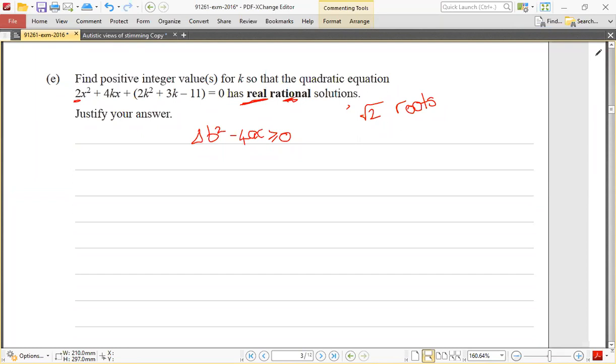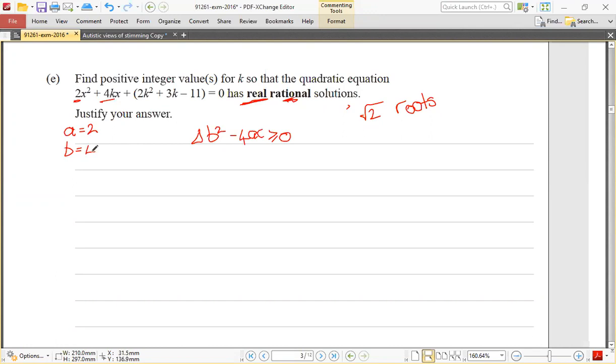Where'd you get 2 from? Is it 4? Right, so A equals 2. So what's B going to equal? No, it's whatever's in front of the X.